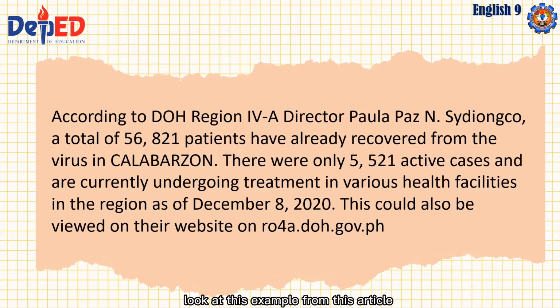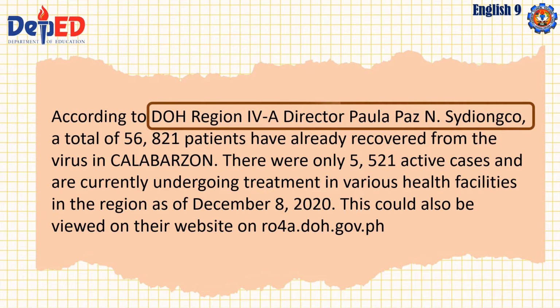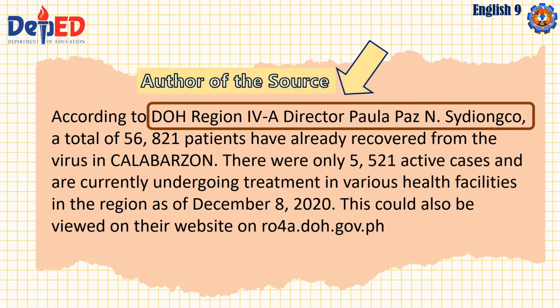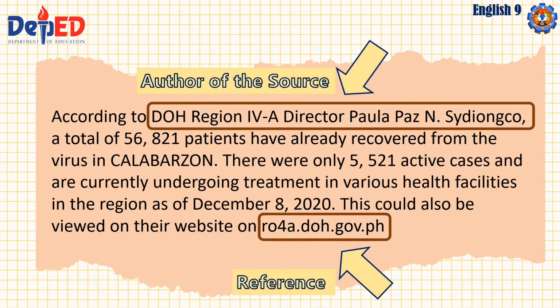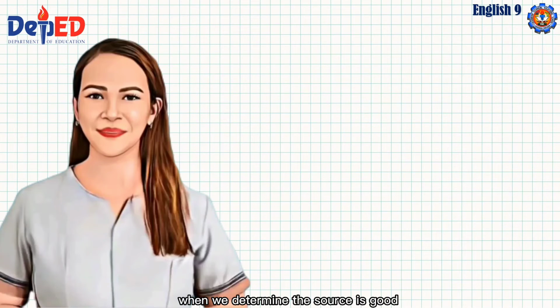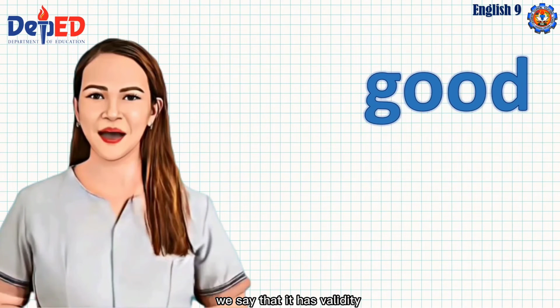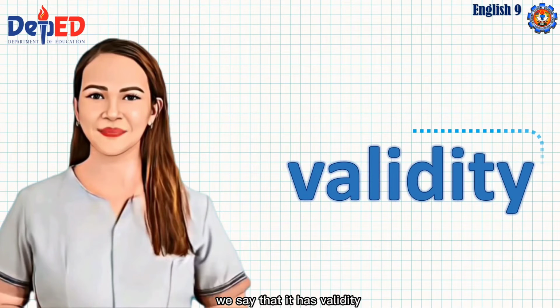Look at this example. From this article, this is the author of the source. And here's the reference. When we determine the source as good, we say that it has validity.